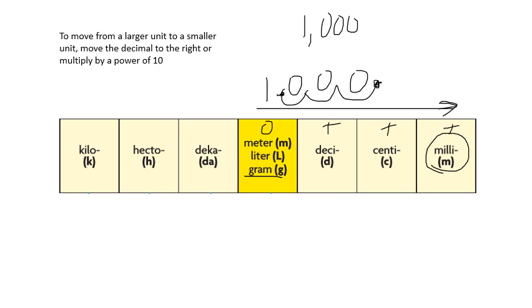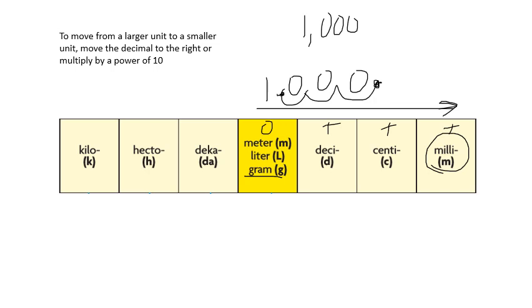So I know in order to move from grams to milligrams, I'm going to move to the right with my decimal, and I'm going to multiply by a power of 10, which gives me 1,000.